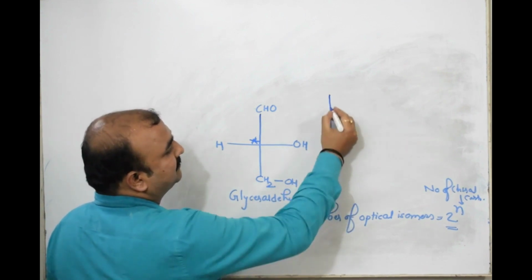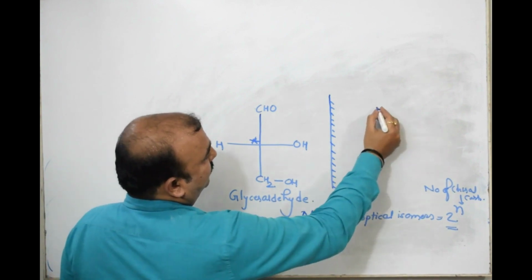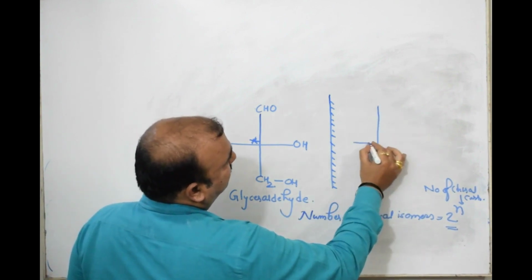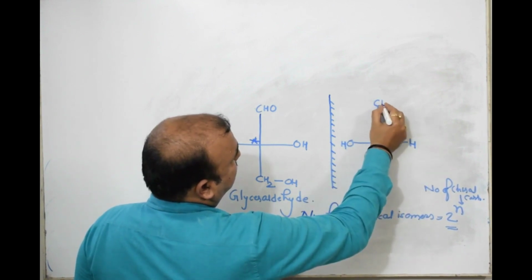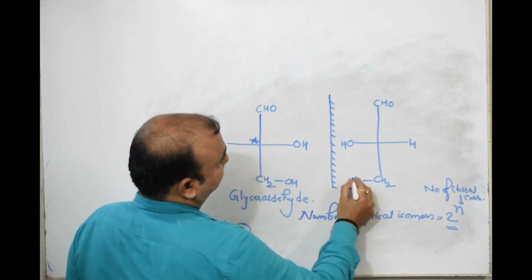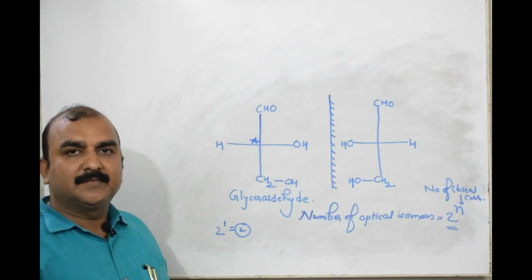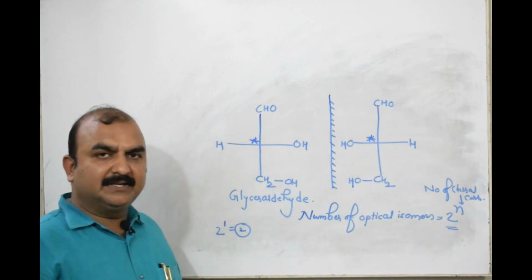Now how to find the second optical isomer? We have to draw its mirror image. When we draw its mirror image: OH, H, CHO and CH2OH. What is the relation between these two?